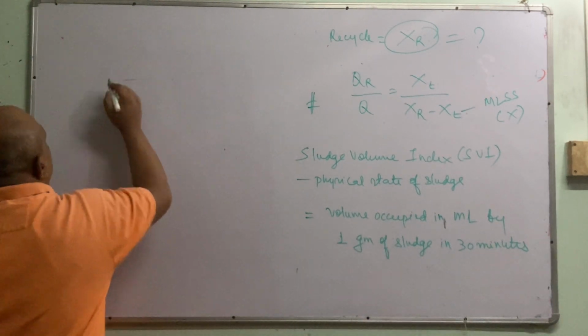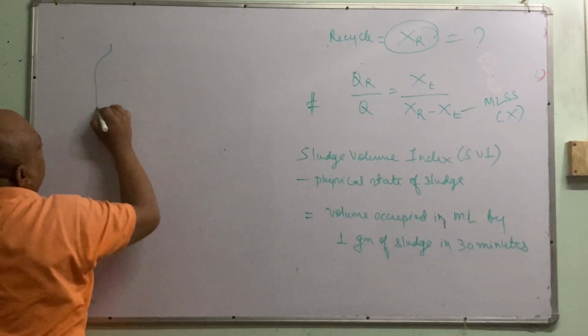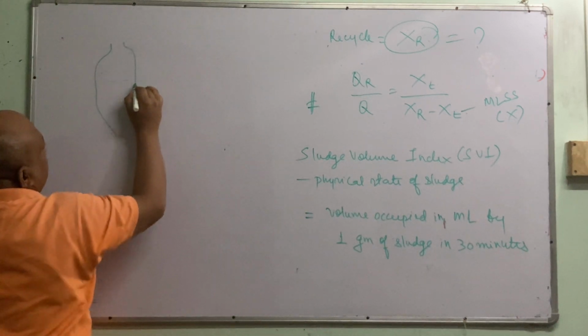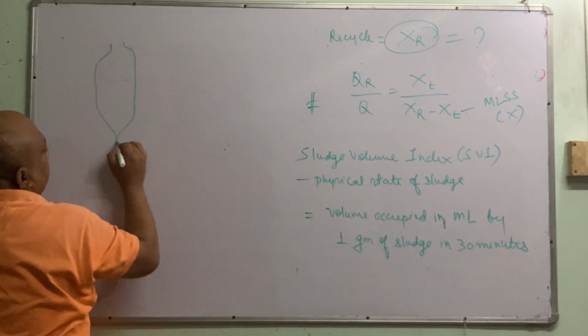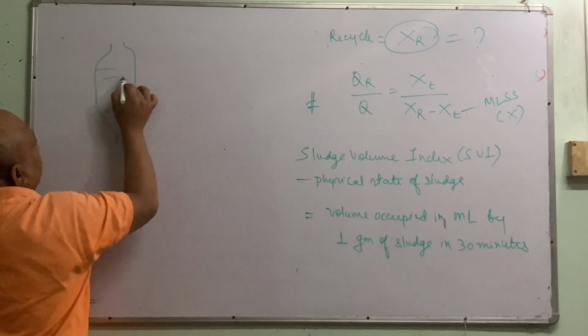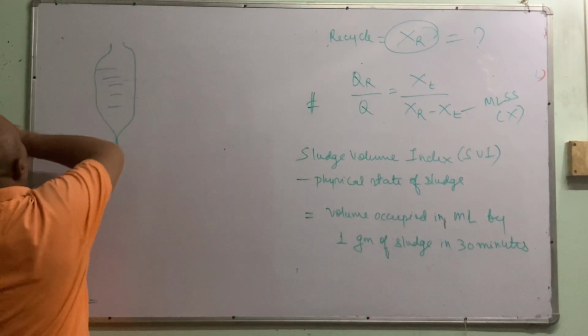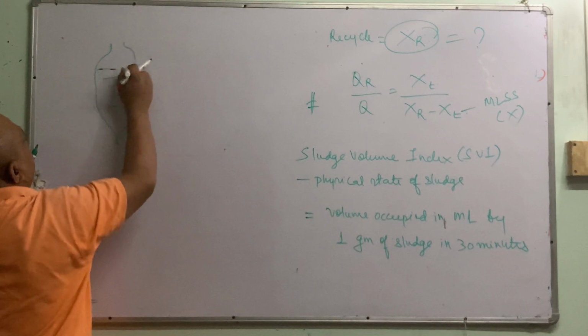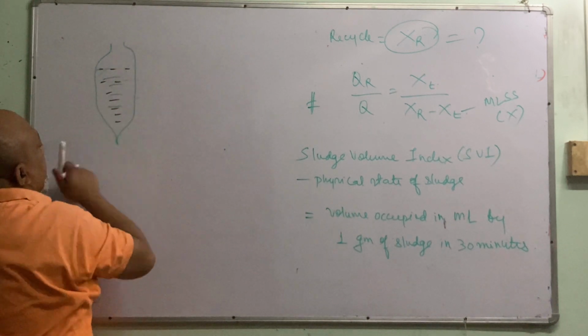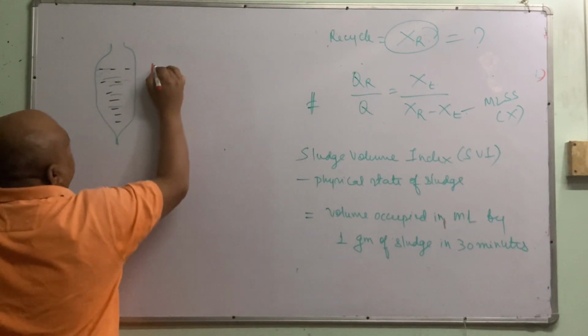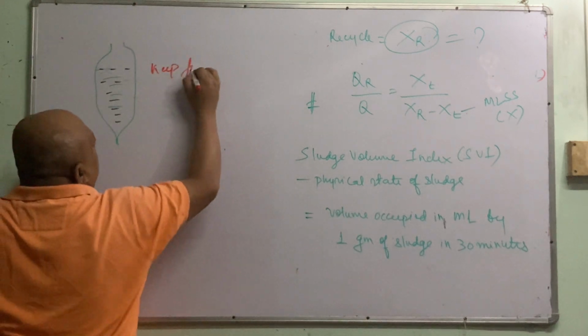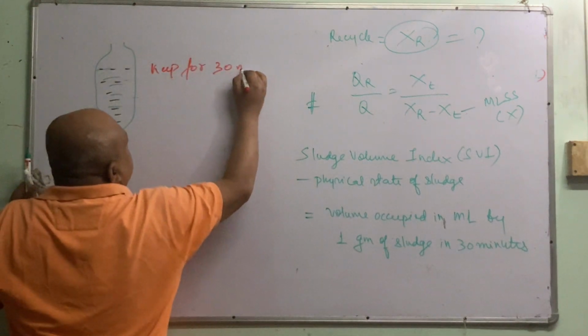What we do is, we've got a device for sludge volume index. We'll put the sludge over here. The sludge is black in color. We'll put the sludge over here, and you keep it for 30 minutes.